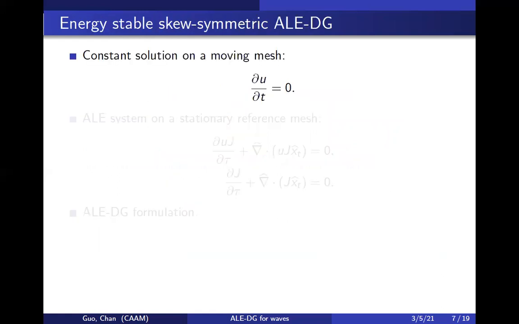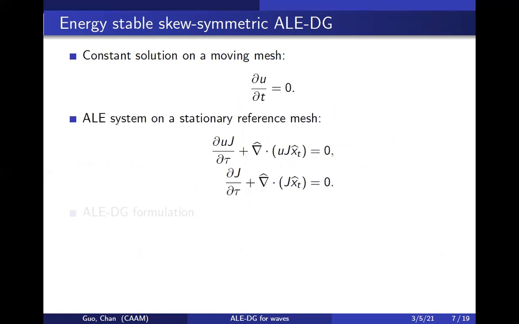An issue of the DG method for moving curved meshes is energy stability. Now let me use the simplest constant solution to illustrate how we address the stability issue for mesh motion. By setting f equal to 0 in the conservation law, we can immediately obtain the corresponding ALE system for the constant solution.